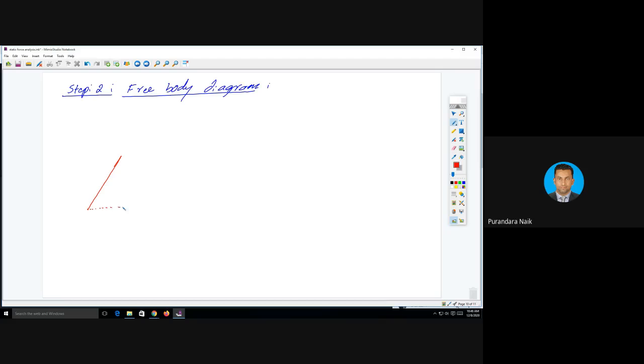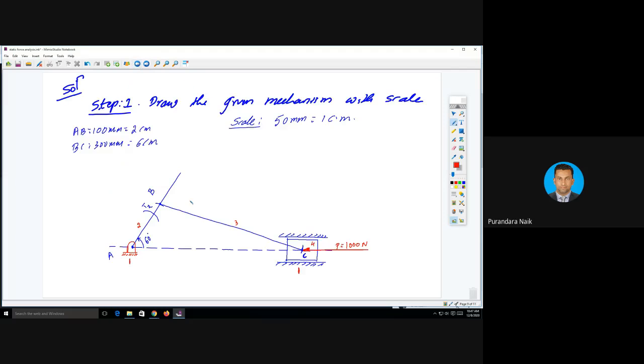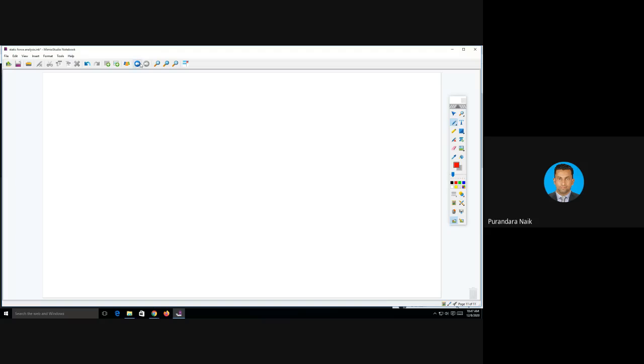You just mark a horizontal line and take 60 degrees. No need to show the 60 degrees, just show link number 2. If you have a roller scale it will be easy, take a length of approximately 2 centimeters. It is not a problem. You don't need to take the actual scale in this free body diagram.